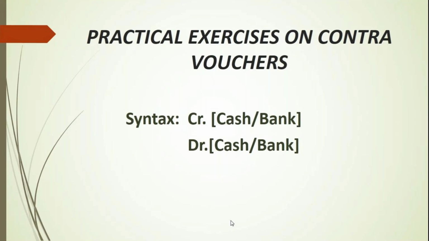The second aspect, of course, is the debit aspect. Now can you see the brackets I've given, either it is cash or bank. No other ledger, a third party ledger, can interfere with the contra vouchers. Okay, so I'll just show you a small example how to exhibit this credit aspect and debit aspect.